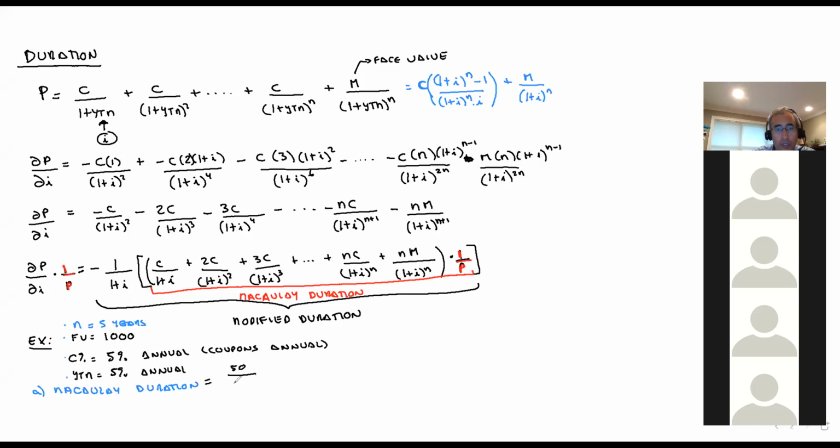So it's going to be 50 divided by 1.05 plus 2 times 50 divided by 1.05 squared plus 3 times 50 divided by 1.05 cubed plus 4 times 50 divided by 1.05 to the power 4 plus 5 times 50 divided by 1.05 to the power 5 plus 5 times 1000 divided by 1.05 to the power 5.